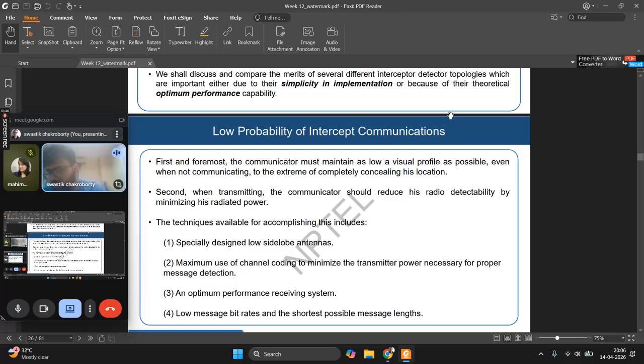If it transmits energy here and there by side lobes, then the probability of it getting detected increases. Similarly, it should use channel coding to reduce redundancy. As much as possible, redundancy should be reduced.